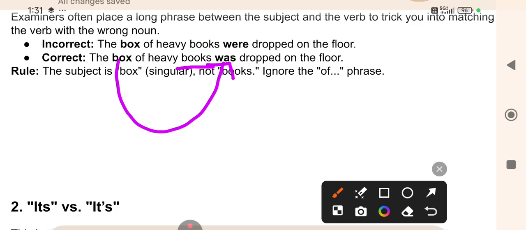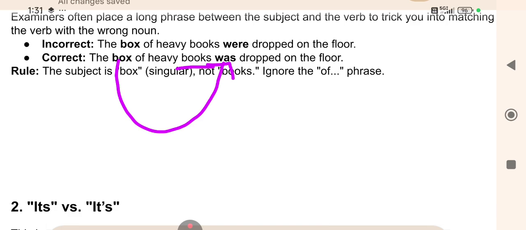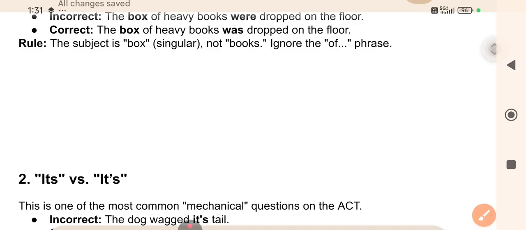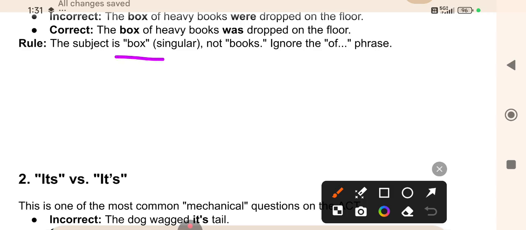And the rule is that the subject is box and that is singular, not books. Subject is box, not books, right? The box of heavy books, how many books are there?